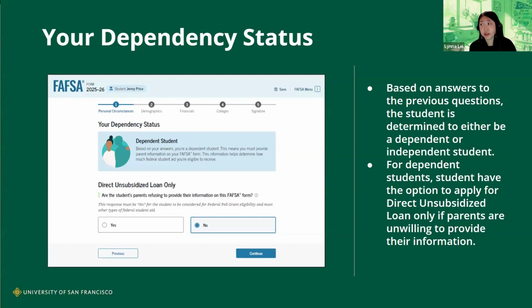Students should be careful when answering this question, because if they select that they only want the unsubsidized loan because their parent is not willing to provide financial information on the application, then they will not be eligible for any aid except for the unsubsidized loan. I guess minus any merit aid the school is providing, but any aid that's related to the FAFSA, if you answer that you only want the unsubsidized loan, that's all you will receive. So be careful when answering this question.